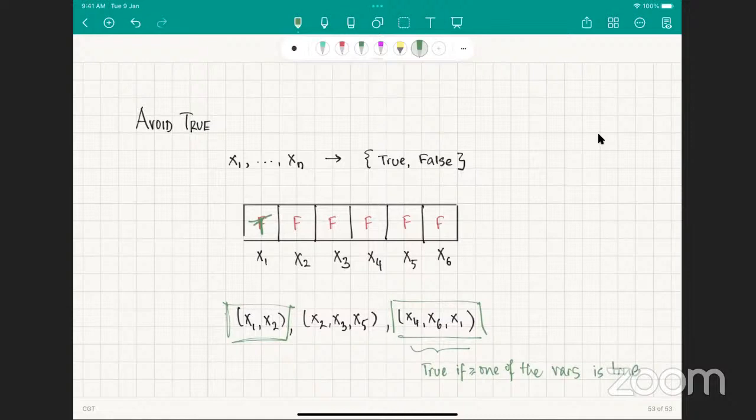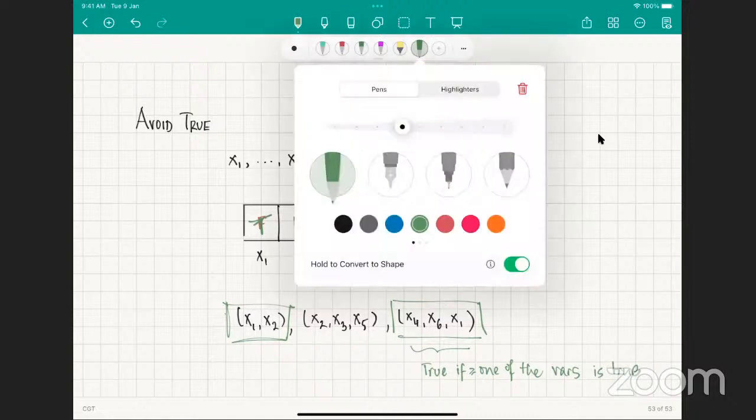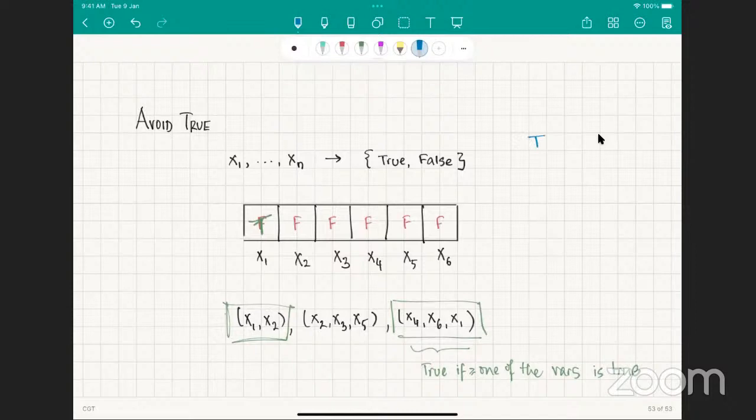Okay, so let me just make the rules explicit. On your turn, a move is switching a variable from false to true. So you can pick any of the false variables and pull the trigger and say, I want to make it true. And this will probably have some impact on the formula.